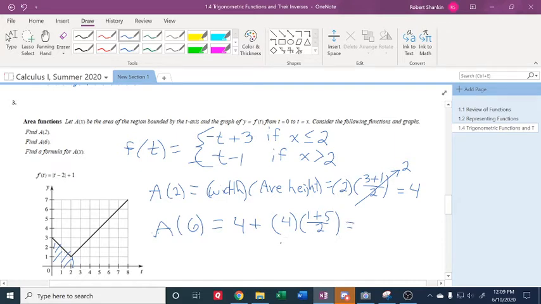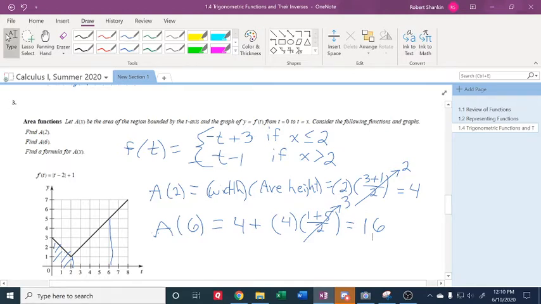Everybody following what I'm doing geometrically? And this average width and average height, any questions? Going okay with this? All right, so this becomes 6 divided by 2, which is 3. 3 times 4 is 12, plus another 4 is 16. So we found A of 2 and A of 6.